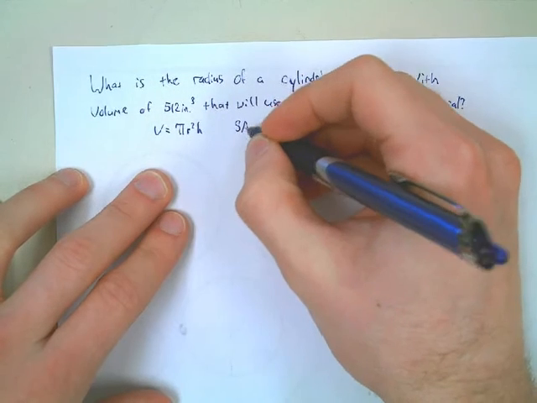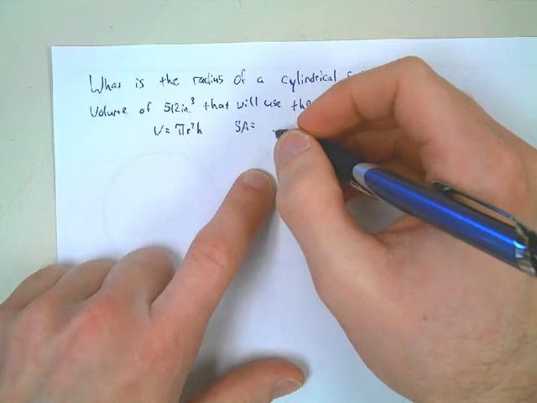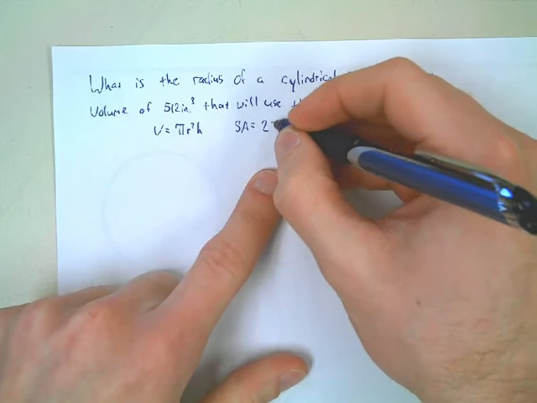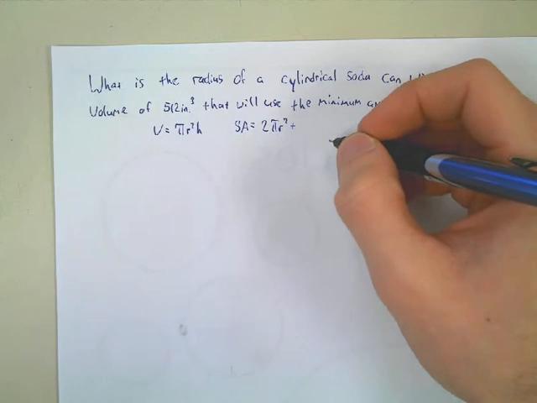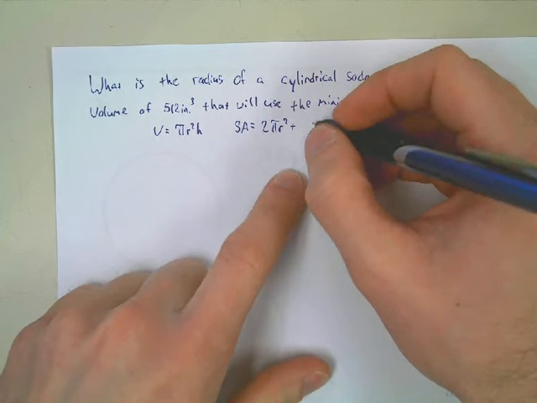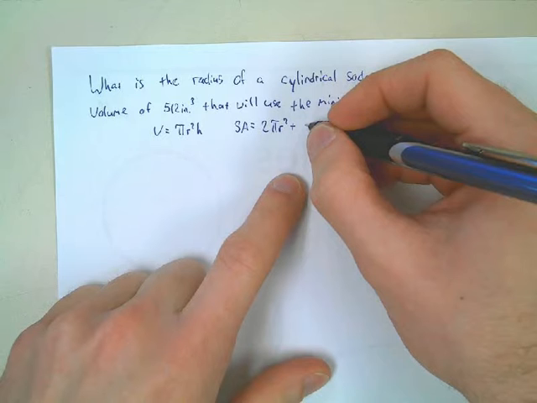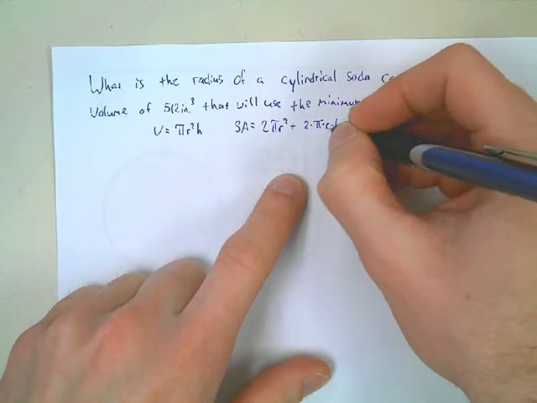Two circles on the top and the bottom, so 2 pi r squared, plus a rectangle wrapped around them, whose measurements will be the height and the circumference. So it's 2 pi r h. Okay, so there's your surface area and volume formulas. So go ahead and give that a go.